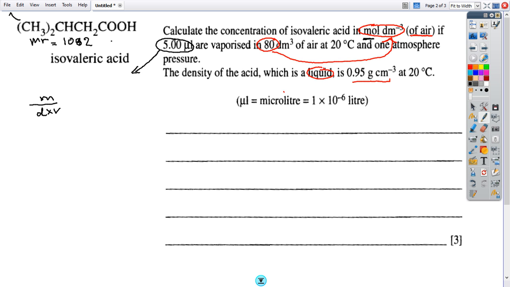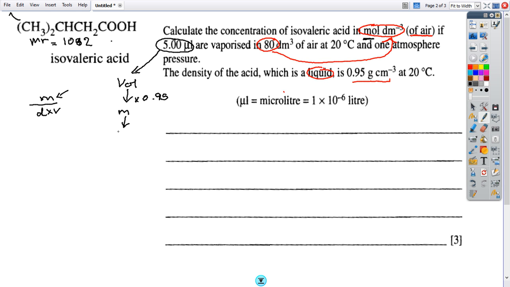Well, currently this is obviously a volume. How can we go from volume to mass? Indeed we can, because if we take the volume and we multiply it by the density, which is in this instance 0.95, we will indeed get mass.